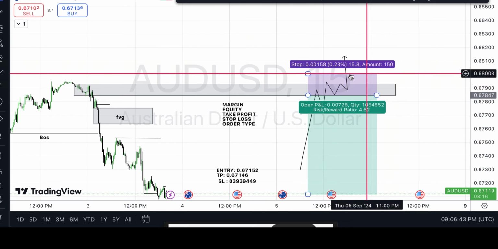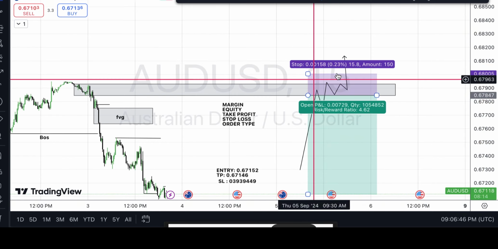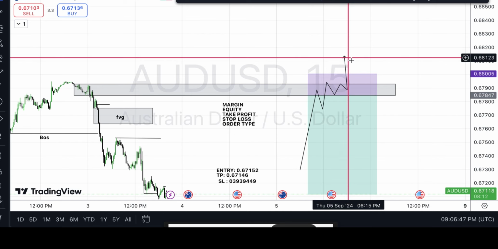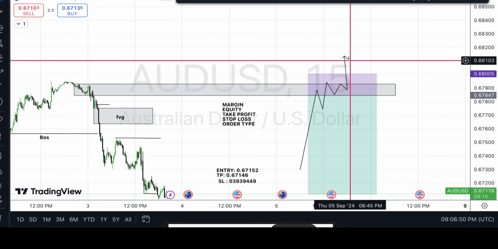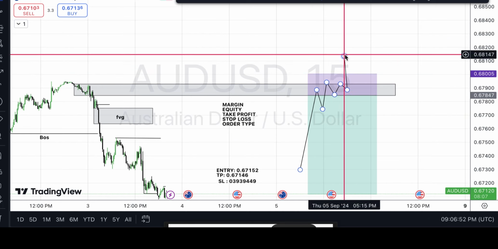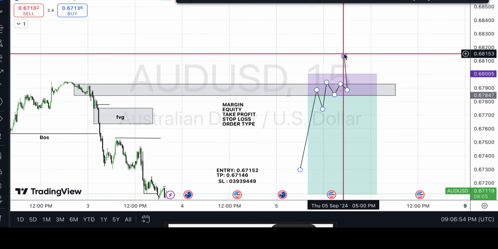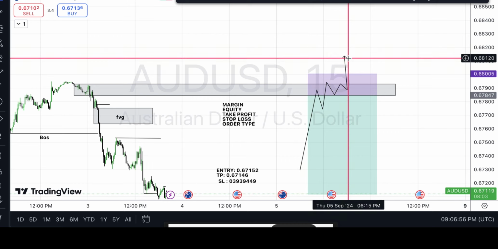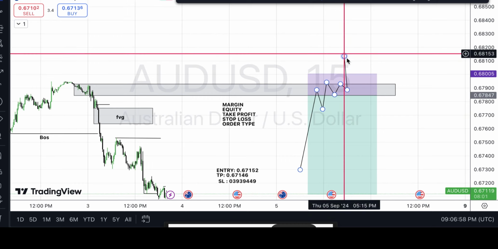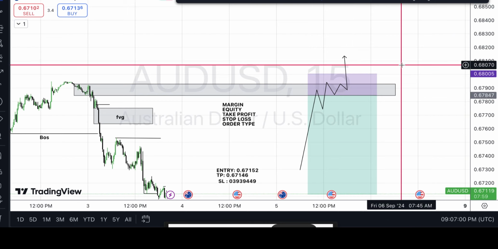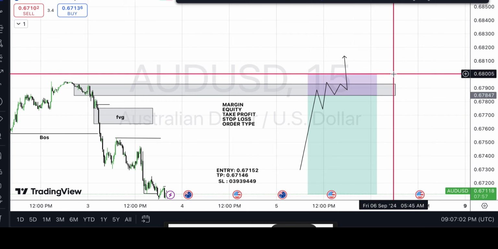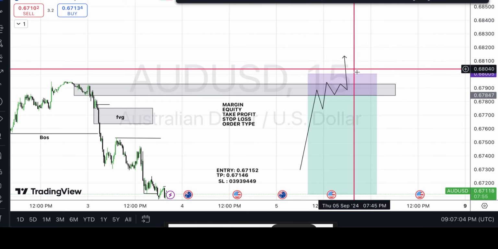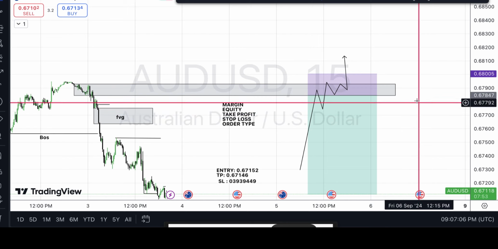Now look at how much you have lost because you kept shifting your stop loss till you could no longer bear it, and you lost a lot of money that you didn't bargain for. So that is why it is important to always set your stop loss, and that should be your stop loss. You must consider everything before you set your stop loss.